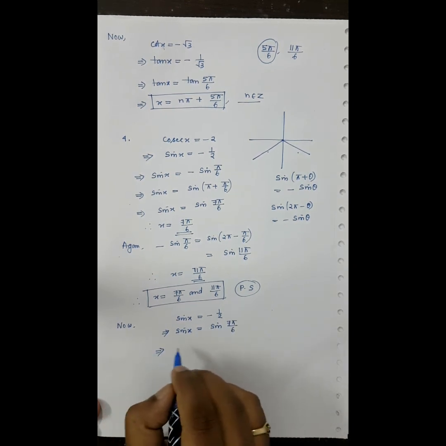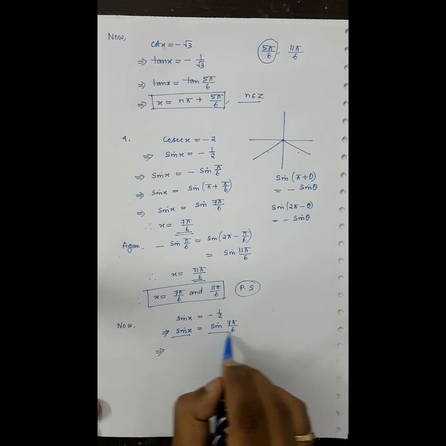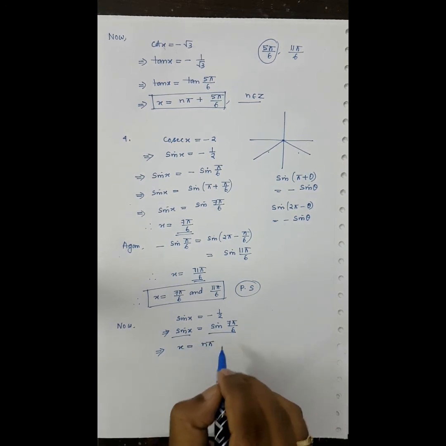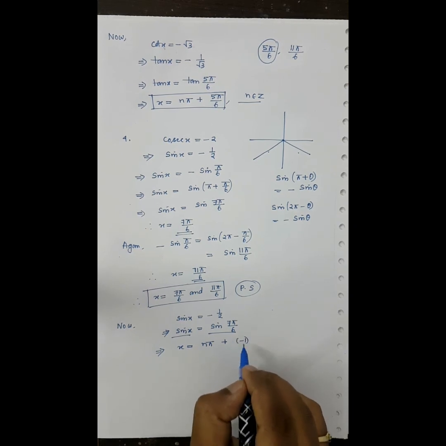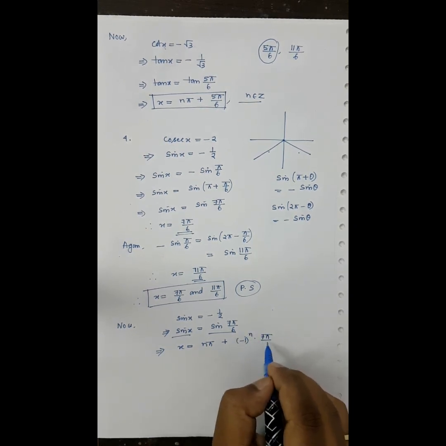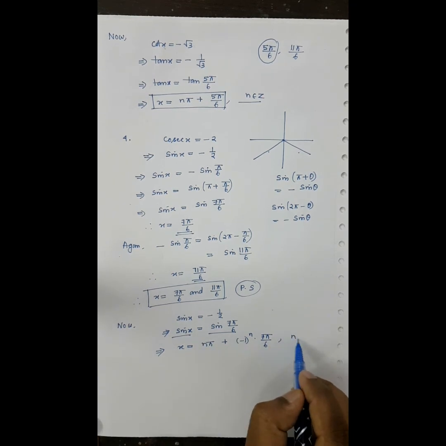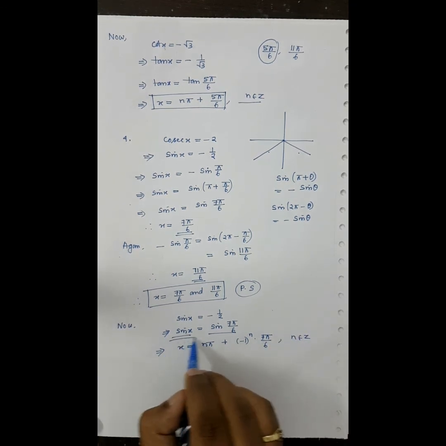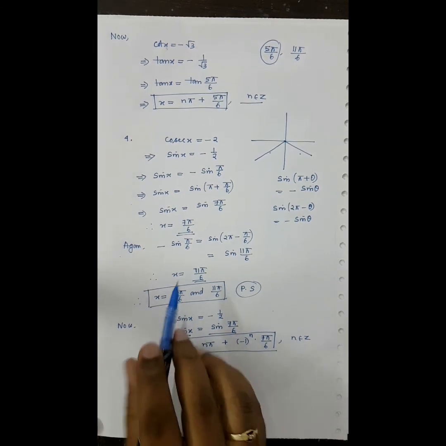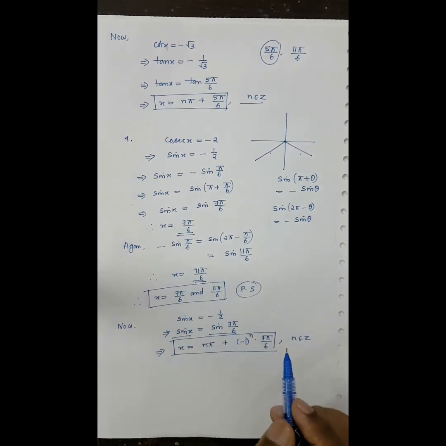So if I use the formula of sine x equal to sine y, it will be x equal to n pi plus minus 1 to the power n into y, where y is equal to 7 pi by 6, where n belongs to Z. This is the general solution for this equation cosec x is equal to minus 2.